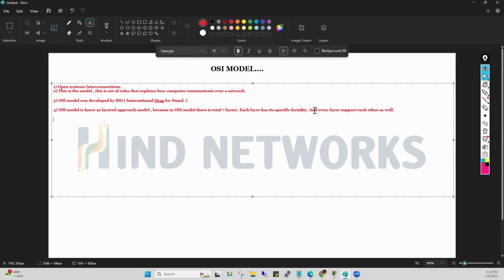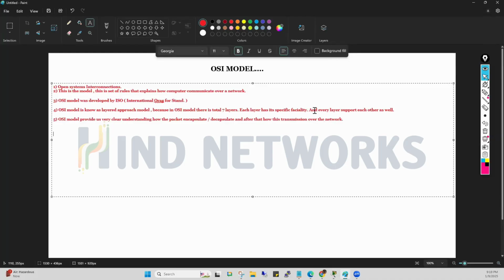Clear? The fifth point you need to understand is that the OSI model provides us a very clear understanding of how a packet is encapsulated and decapsulated, and after that how the transmission happens over the network.